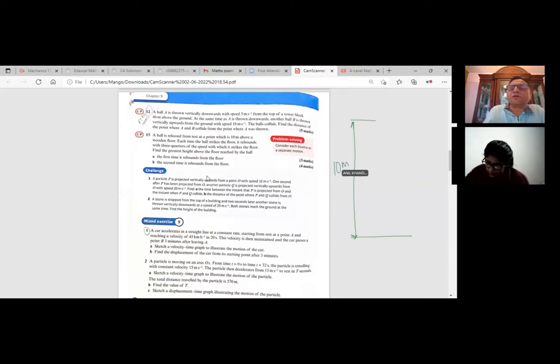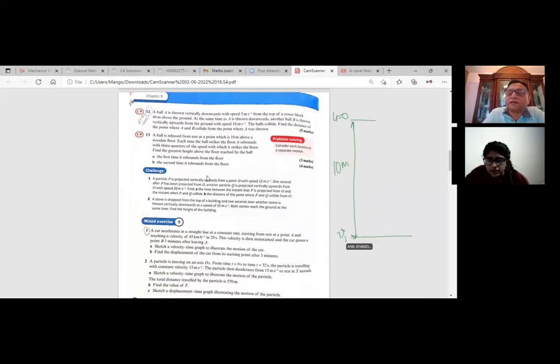Released from rest, u equals 0. Each time the ball strikes the floor, it rebounds with 3/4 of the speed with which it strikes the floor. So if v is the velocity here, let's say v1, first strike, correct?